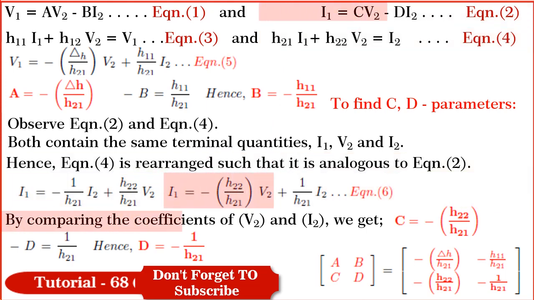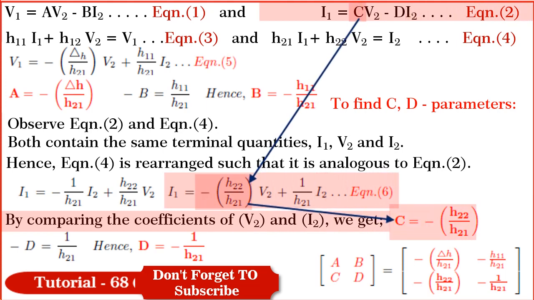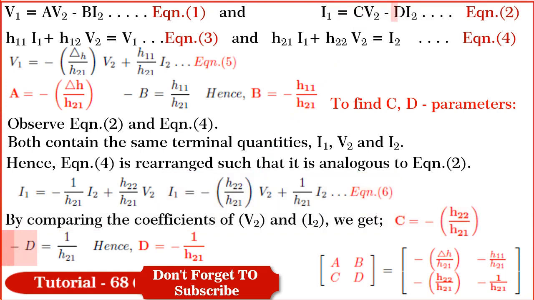Now, by comparing the coefficients of V2 and I2, we get C is equal to minus H22 divided by H21 and D is equal to minus 1 upon H21. Friends, the ABCD parameters in terms of H parameters obtained are indicated here. Note that in this question, we have used different approaches to make the solution simple. Hope you appreciate it.